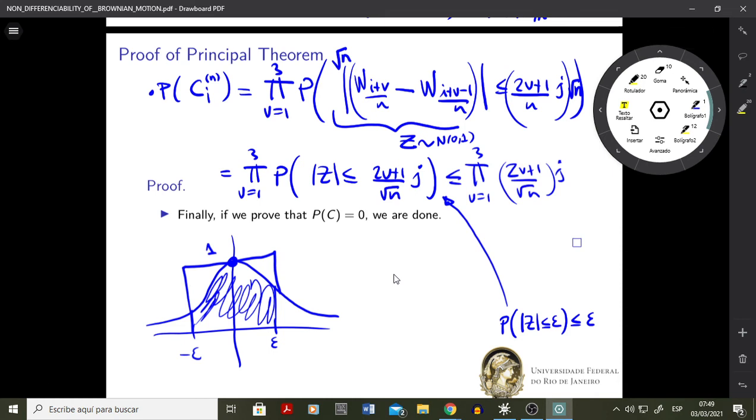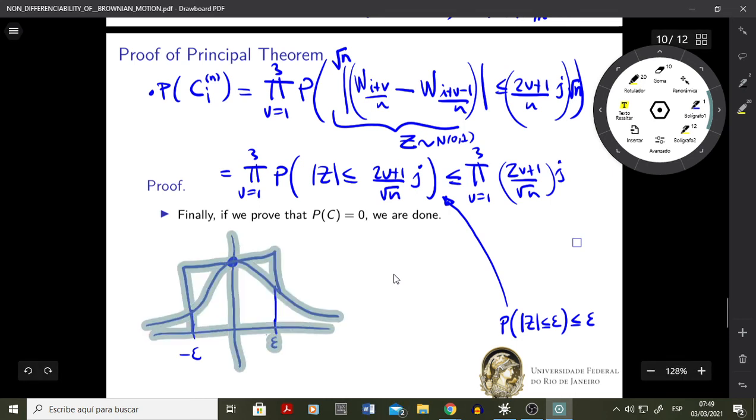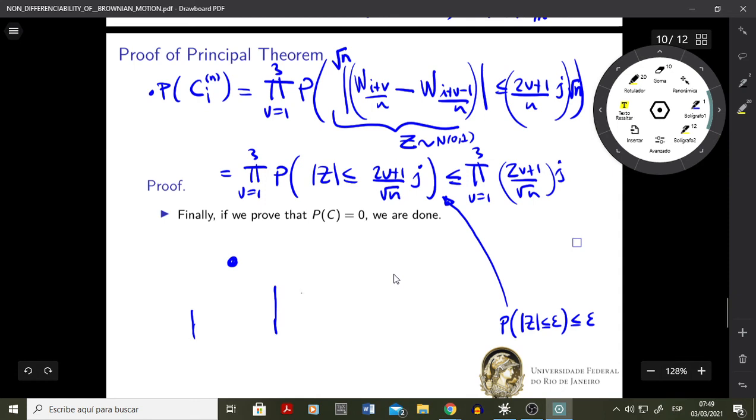The height is not 1, but 1 over square root of 2 pi.